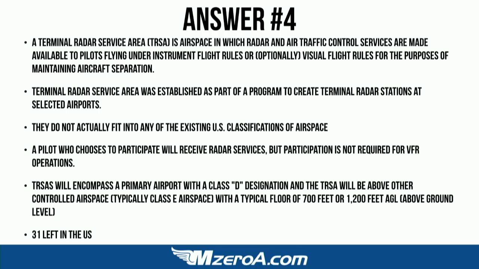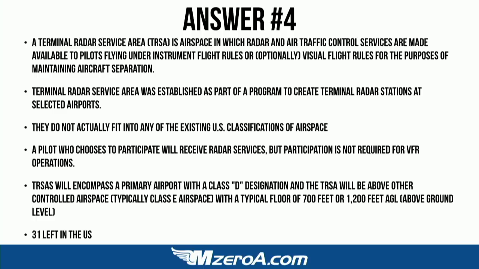Second bullet point. Terminal radar service areas were established as part of the program to create terminal radar stations at selected airports. They do not fit into the existing U.S. classifications of airspace. A, B, C, are typical classifications. A pilot who chooses to participate will receive radar services, but participation is not required for VFR operations.